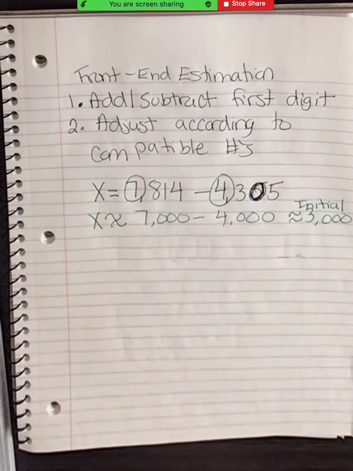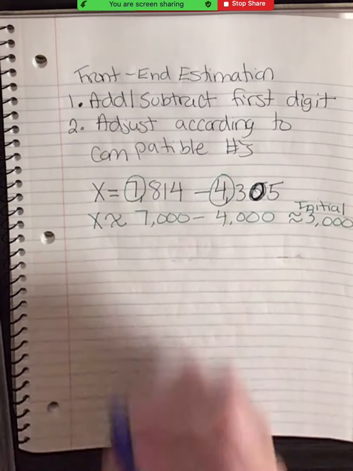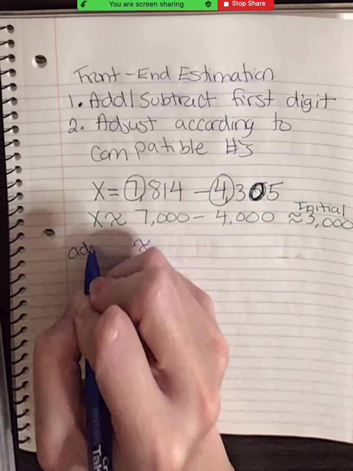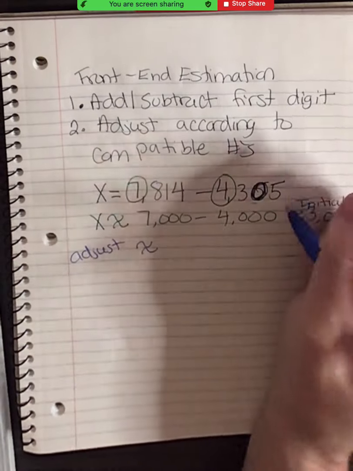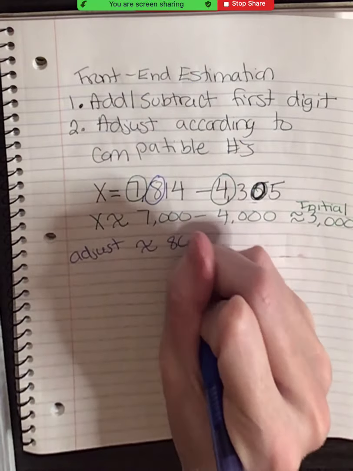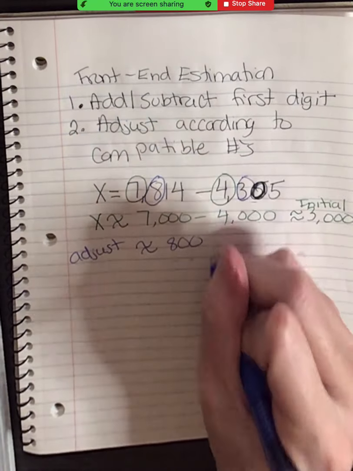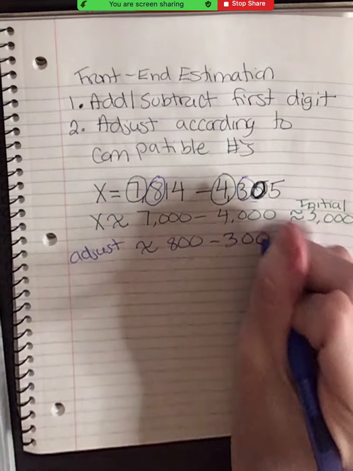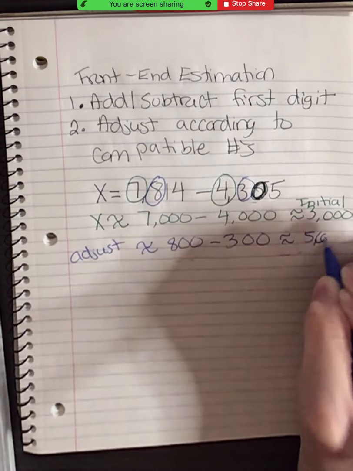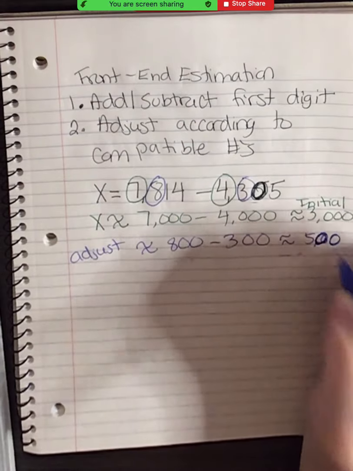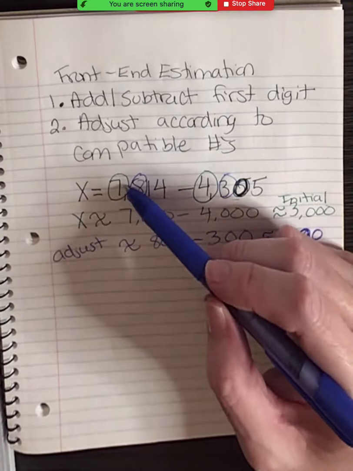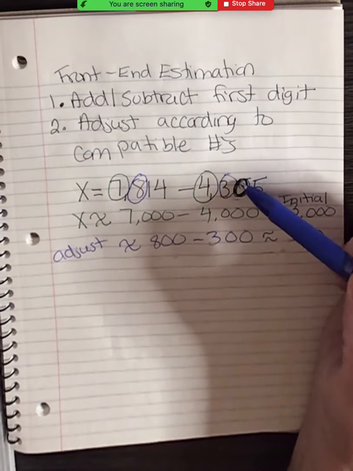Then we have to adjust it. Then we're looking at what's left. So the adjustment is the second digit. That's about 800 and the 300. That's about 500. So then we adjust it because this is 800 more than we started with and 300 more than we started with.